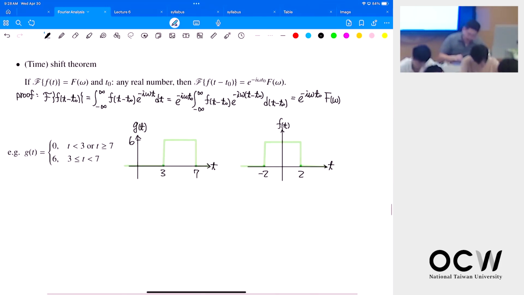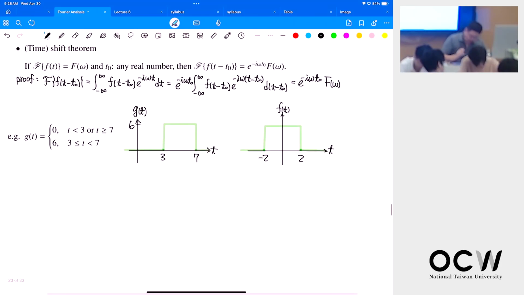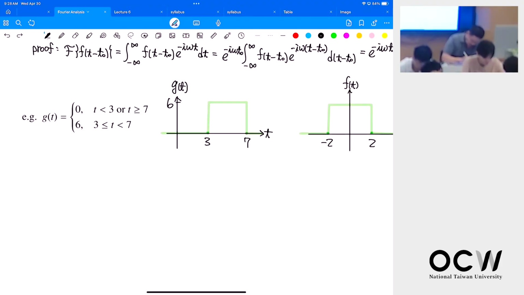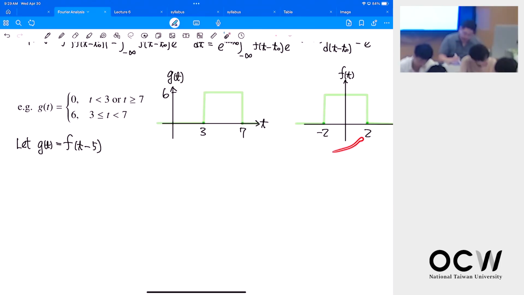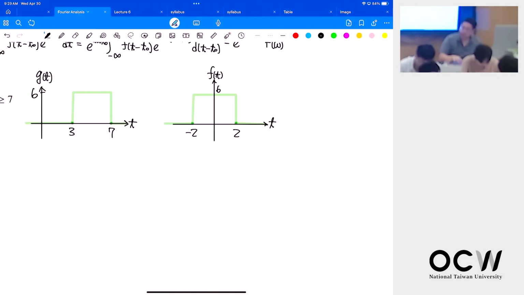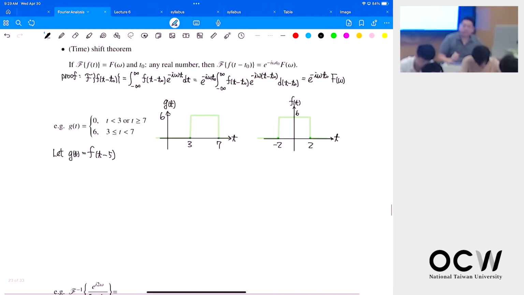So the function g is the function f shifted by 5 units to the right. If I shift to the right, I have values between 3 and 7. Here is still 6.